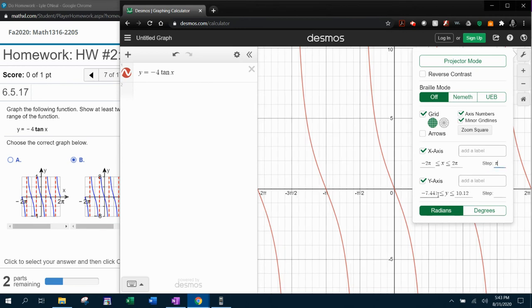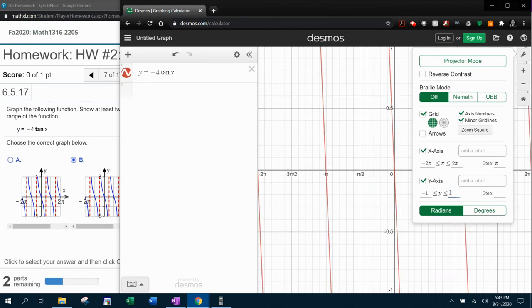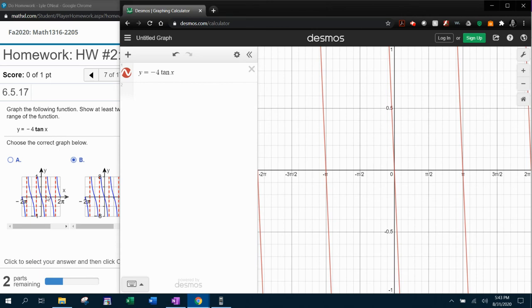Now, for the y-axis, I'm going to make this negative 1 to 1. And then if answer choice A is correct, then what I'm seeing in Desmos should be exactly what I see over here, and it's not. There's way more squiggle visible than there is over here, okay?